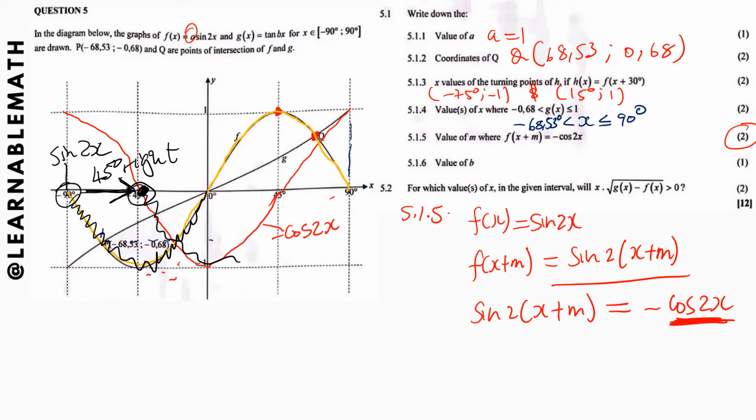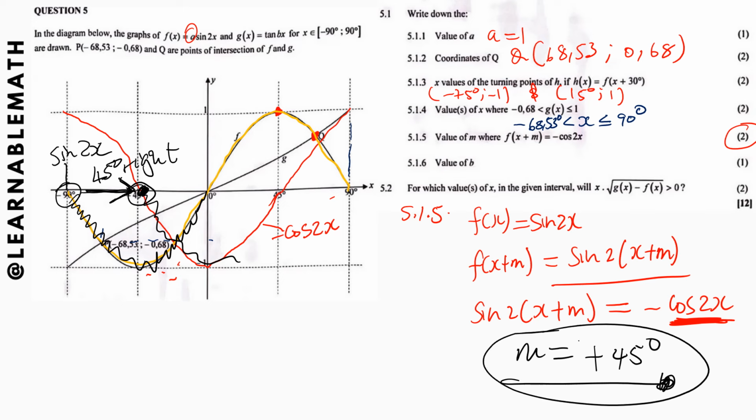So 45 degrees to the right, it means that m must be equals to negative 45. Okay, so if it's negative, it will mean we shifted it to the left. m must be positive 45 because we are shifting it to the right. Okay, so this must be our value of m basically. But let's check first, I might be wrong.